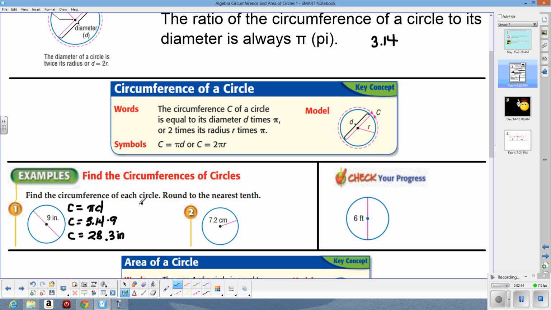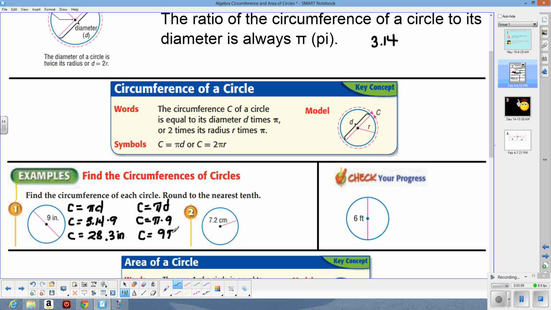For example, circumference equals pi times diameter, and then the circumference is going to equal pi times 9. And pi times 9, rather than using the pi key or 3.14 for pi, we're going to go ahead and just write the circumference as 9 pi.